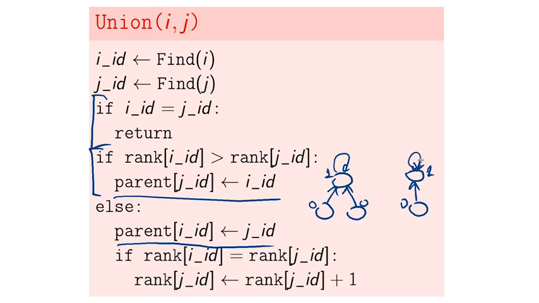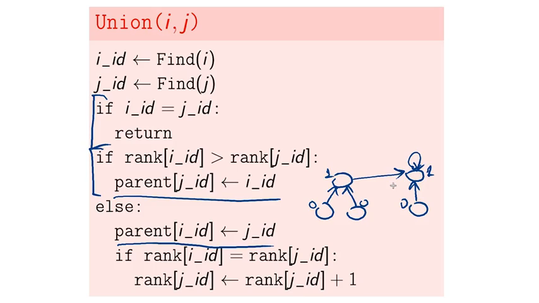To merge these two trees, we do the following. We just hang the left tree under the root of the right tree. As you can see, in this case, the height of the resulting tree actually increases. And this is the only case when the union operation increases the height of the tree.